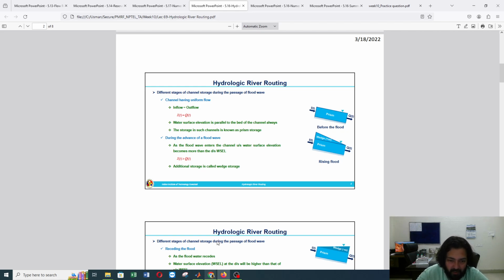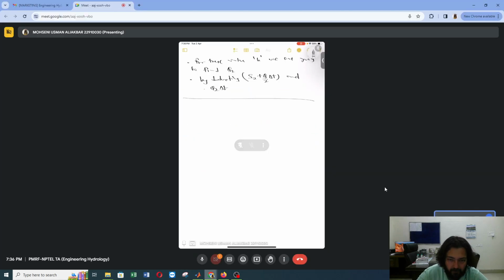So first we'll write the definitions of the two terms, wedge storage and prism storage. Let us see, we have a channel bottom which is inclined, right? And we are assuming an imaginary line which is parallel to this channel bottom.